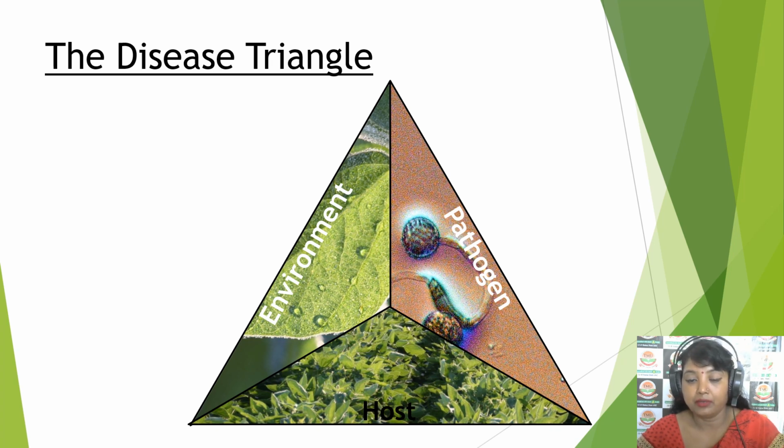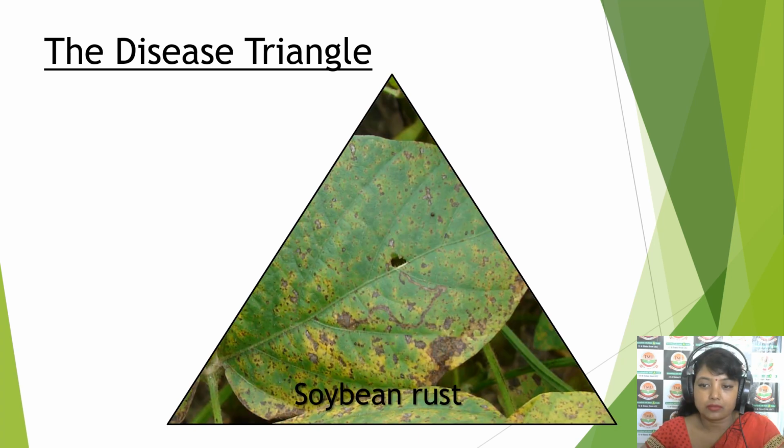Similarly, when the favorable environment is there and the host is there and the pathogen is lacking, then also the disease won't occur. So all three of them are responsible, all three should be present to cause a disease: environment, pathogen, and host. So that is also called a disease triangle.